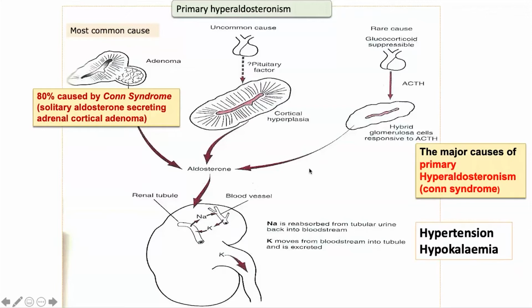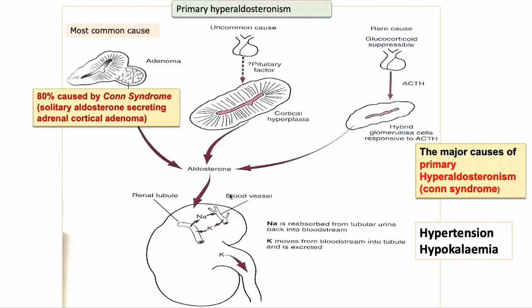Okay, and what happens when there is an increase in aldosterone? We know that aldosterone's function is to retain salt, sodium. Just now we had ADH. ADH is prone to retain water, but aldosterone likes to retain sodium.